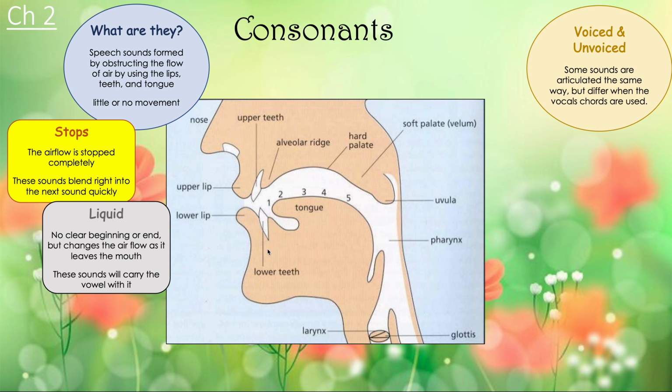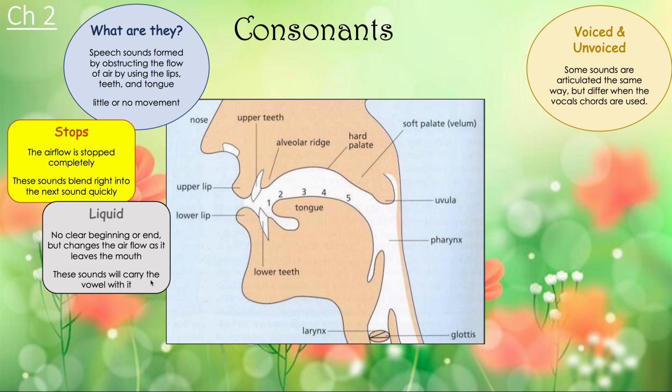And then you have things like the glides that have almost to the moment of impact. Think of a stop and we're almost to the stop. Or they have a definite point where you can hear some impact, but it goes kind of away. Liquids are in between. They're not resonating in the nasal cavity and they don't have almost to a point of impact. That's why they sound very vowel-like and why they carry the vowel.